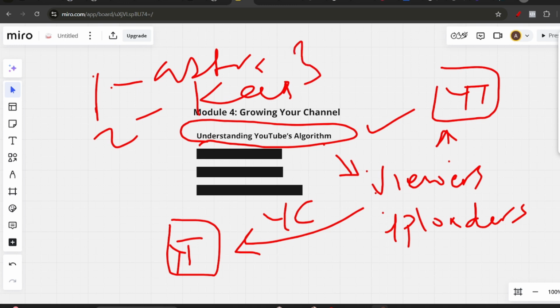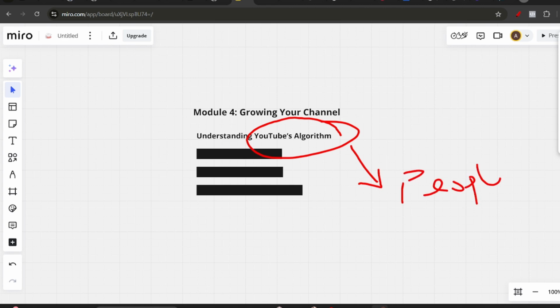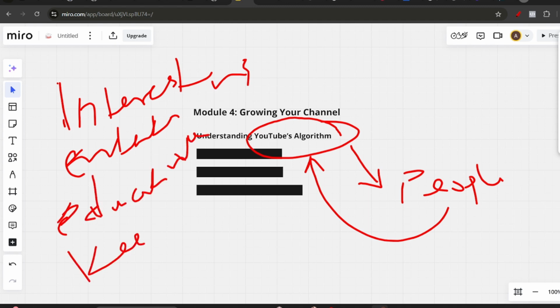So when you are making your content, please understand that you're not making it for a machine. You're making your content for people, because if you target and satisfy people, you more or less will be satisfying the algorithm. So create your content for people. Ask yourself, the content I'm creating, is it interesting? Is it entertaining? Is it educative? Would it keep viewers on YouTube, or will they hurriedly leave?